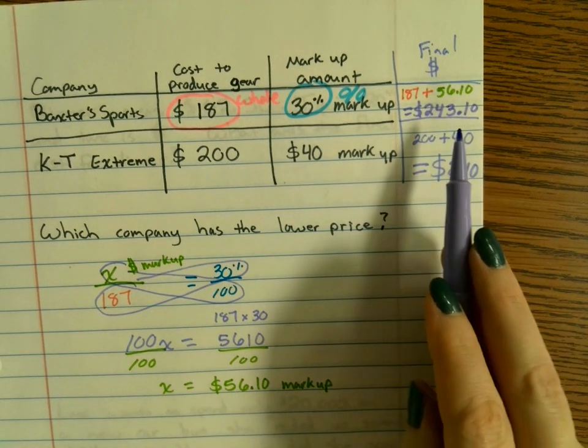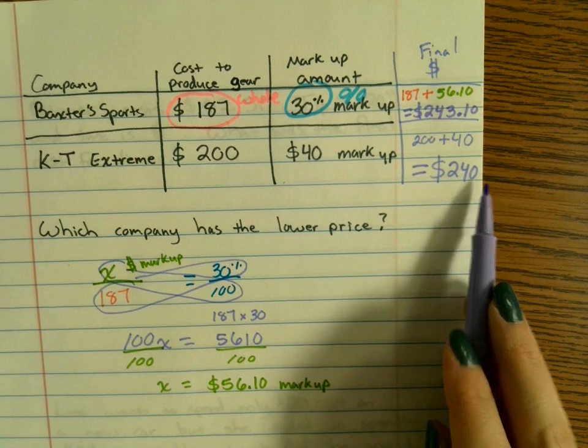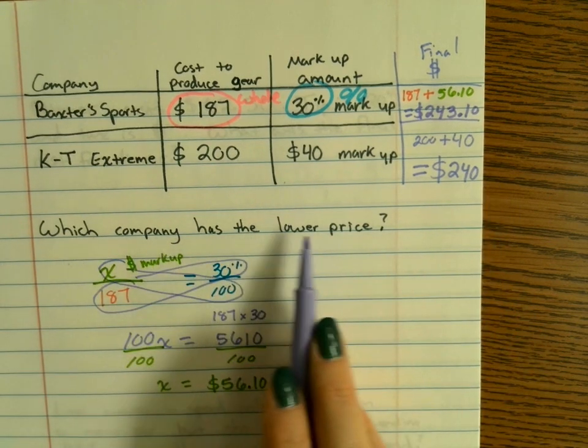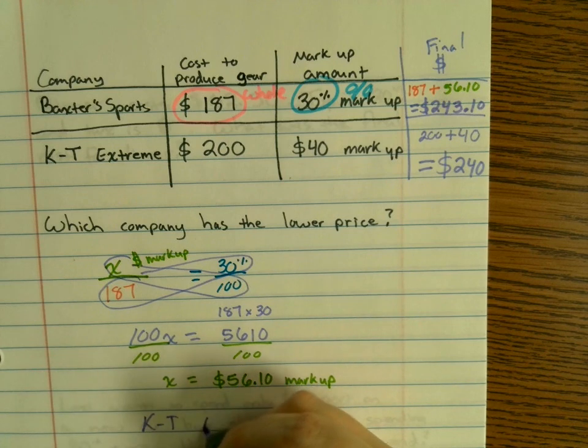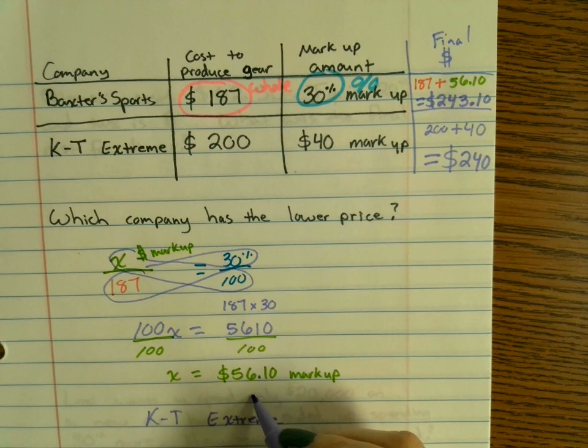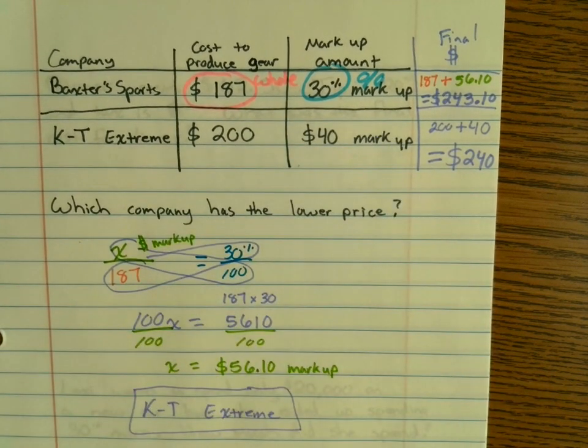So we're comparing $243.10 to $240. We want to know which company has the lower price. The company with the lower price is KT Extreme. Some of you during our practice got confused by the idea of a markup. A markup increases price, markdowns decrease price.